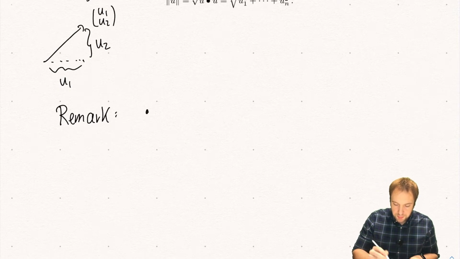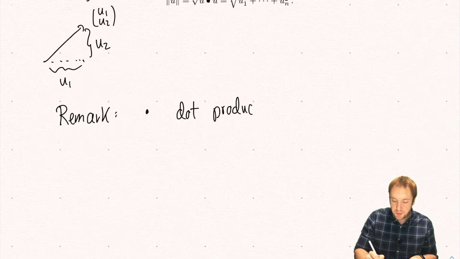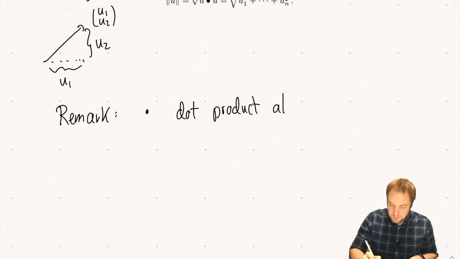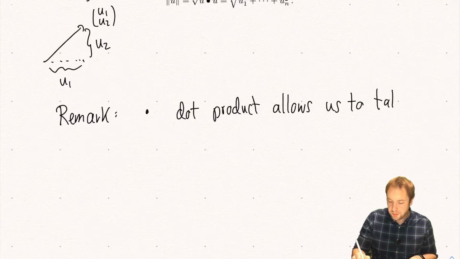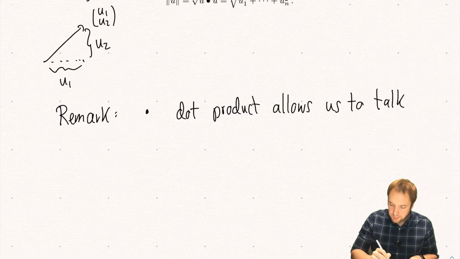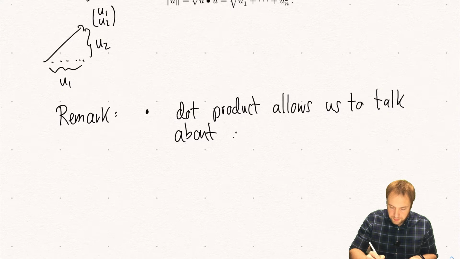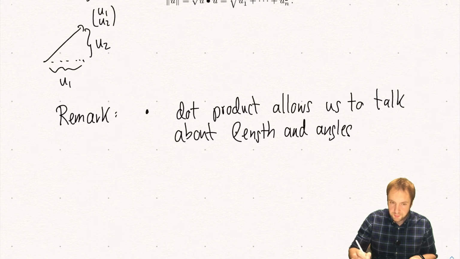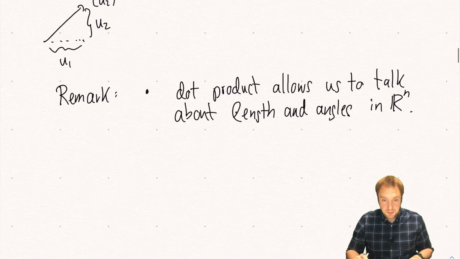So the dot product allows us to talk about angles. Well, in general we can talk about the length of a vector and angles in Rn, even though we cannot imagine this.